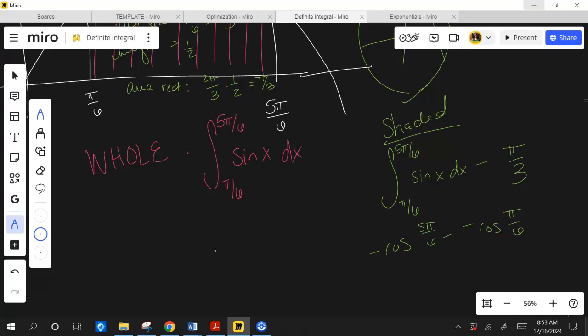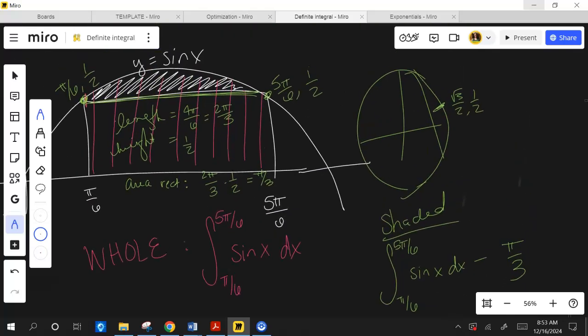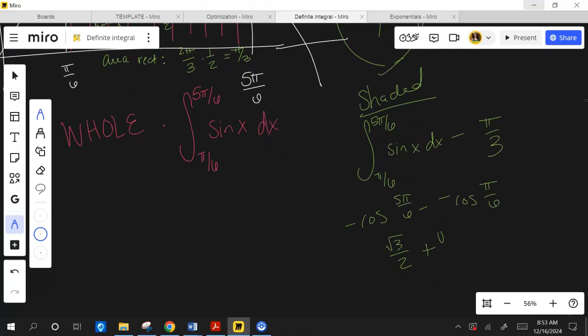So just change the sign. What's the cosine of 5 pi over 6? It would be negative root 3 over 2, so positive root 3 over 2 after the sign change. What's the cosine of pi over 6? We just did it up here, root 3 over 2.